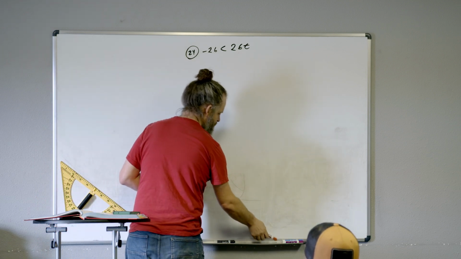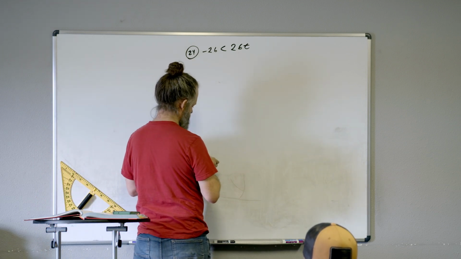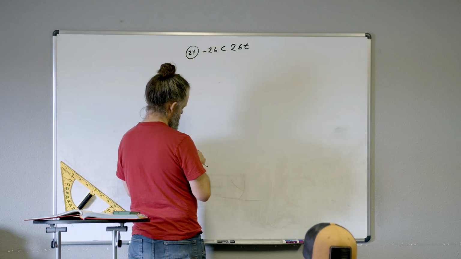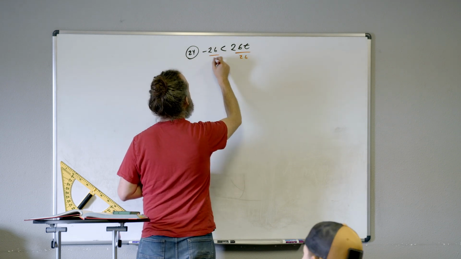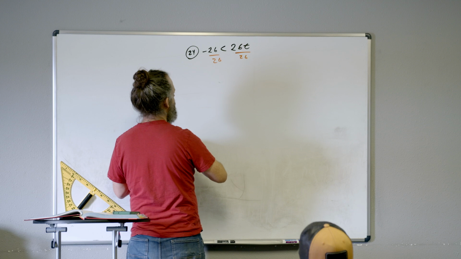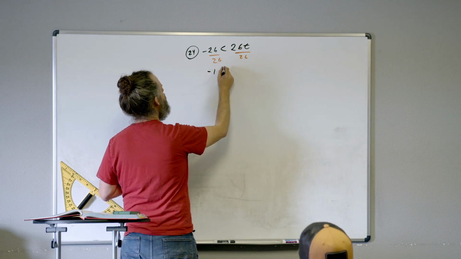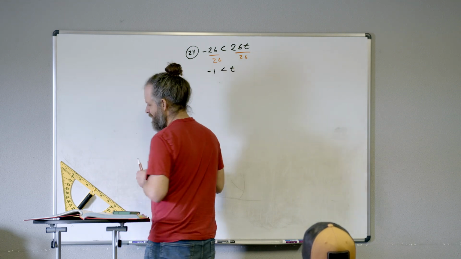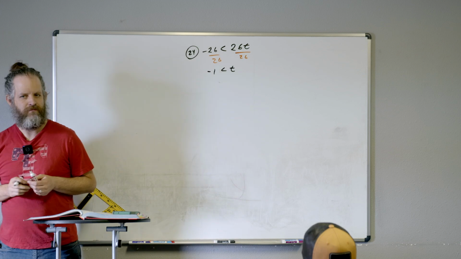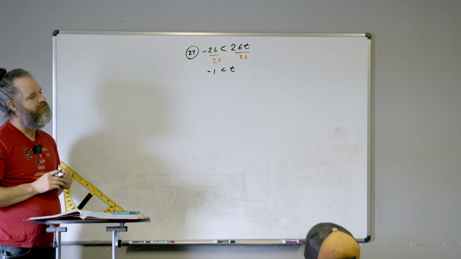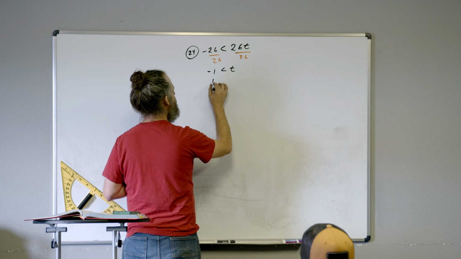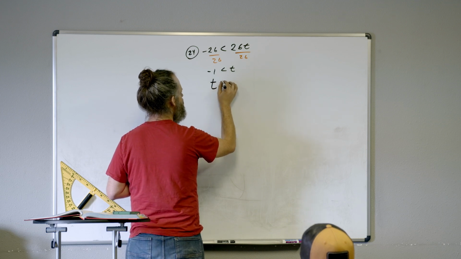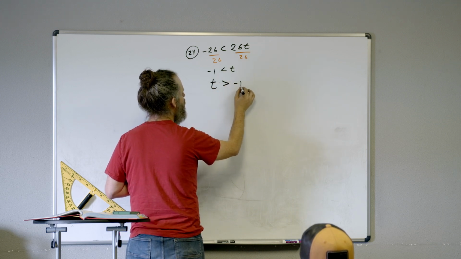Divide by 26. Sounds like a great idea. So we get negative 1 is less than T. Now what should we do? When we flip it, it's got to flip everything, right? So it turns into T is greater than negative 1.